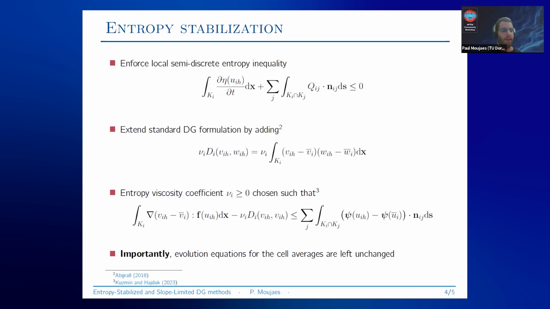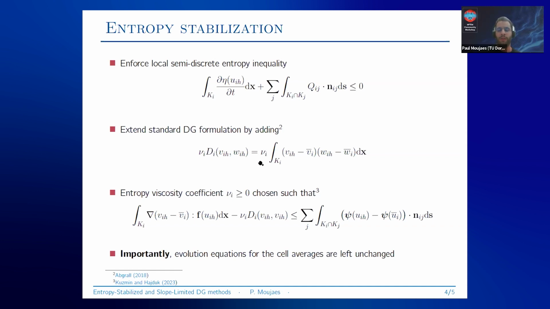Now having the domain preserving property, we also want to enforce entropy stability, and we want our scheme to satisfy a local semi-discrete entropy inequality of this form, which we can see here on the top. And we do so by adding a Rusanov type of entropy dissipation, where V is the L2 projected entropy variables.